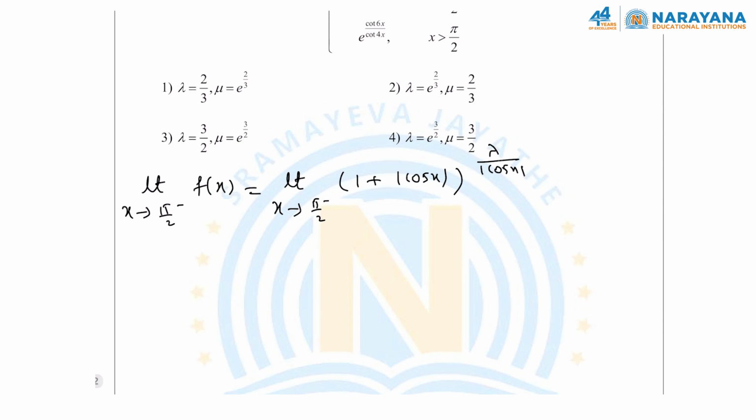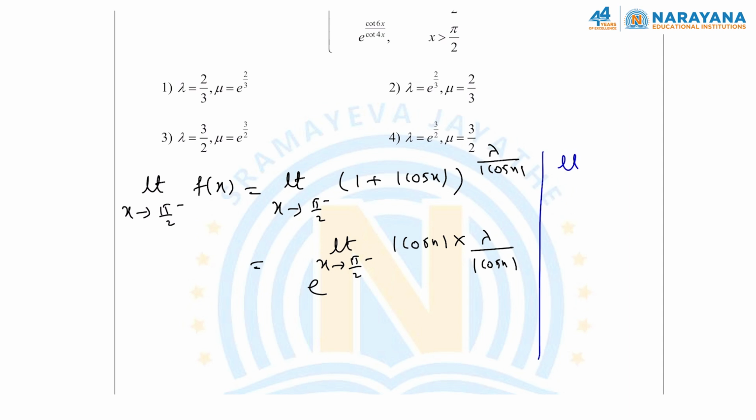This will be equal to e power limit x tending to pi by 2 minus of mod cos x into lambda by mod cos x. So how did we get this?